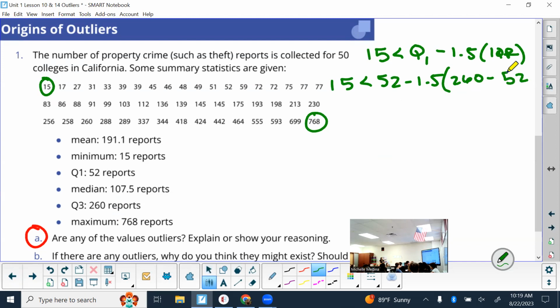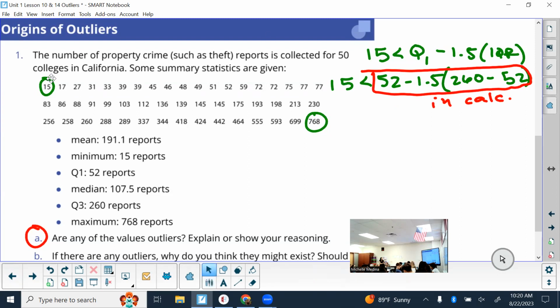I could probably solve that separately, but I like to make my life easier and put it all in the calculator at once. That means all of this. I'm gonna figure out what that number is in the calculator. And then if that number is greater than 15, then yeah, that 15 is an outlier. Does that make sense? So do that. I'll stop it there. I'll let you continue the rest.